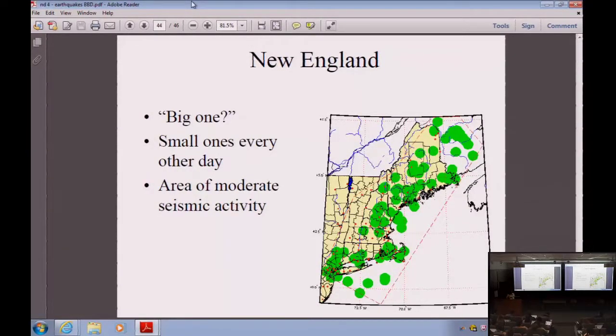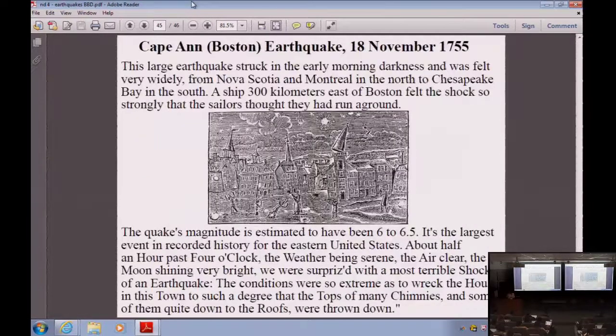This is a picture of seismic events in this region. The one that we like to point out the most is the Cape Ann earthquake, closest to Boston. It was in 1755, the same year as the Lisbon tsunami, which we'll move to next.